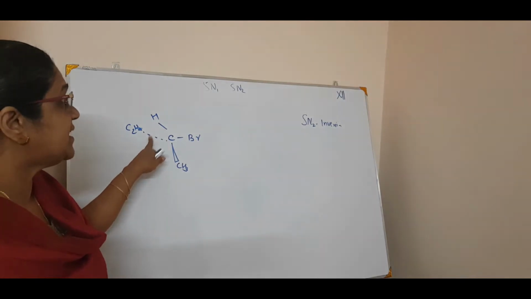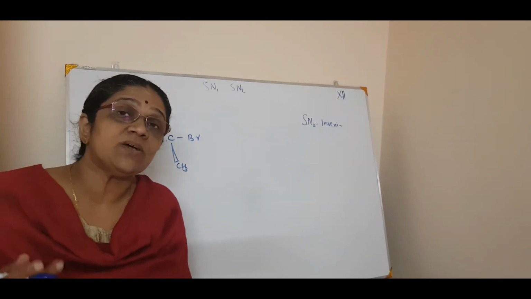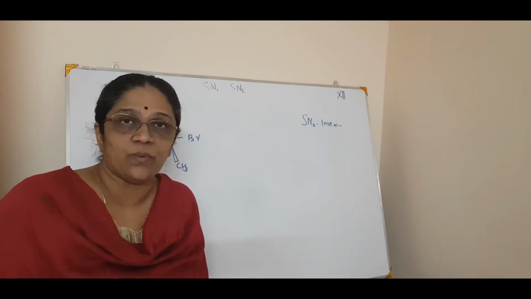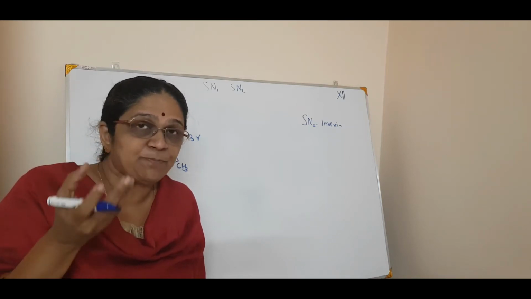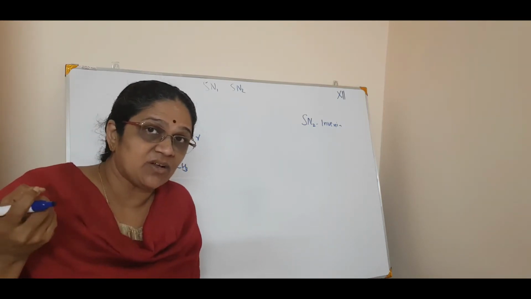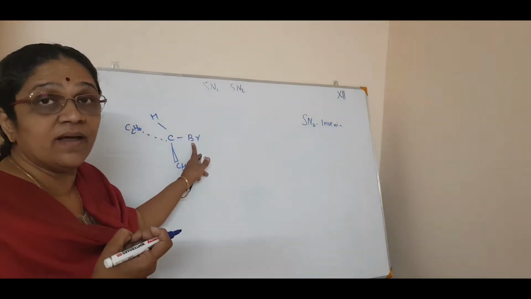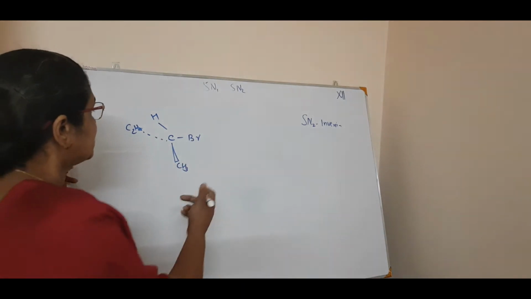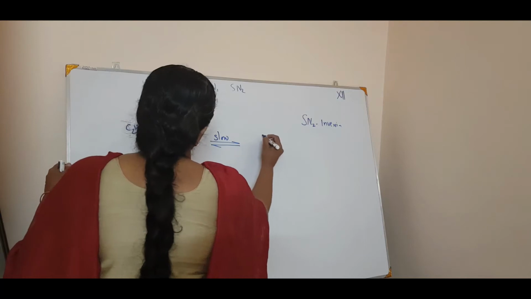So what happens in an SN1 mechanism? The SN1 mechanism is usually carried out in a protic solvent, isn't it? Why? Because the solvent's H plus will extract or remove the Br minus, the halide ion, from the alkyl halide. Questions can be asked. So this is the slowest step, to form what?